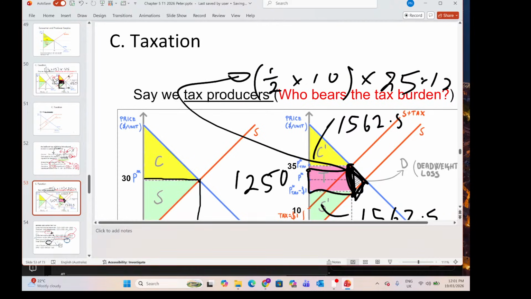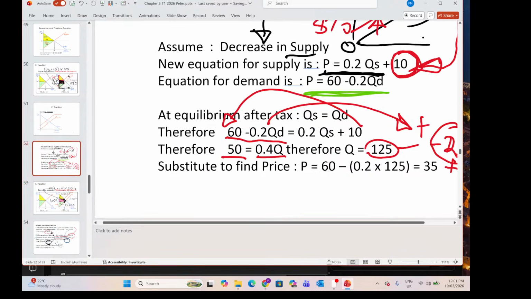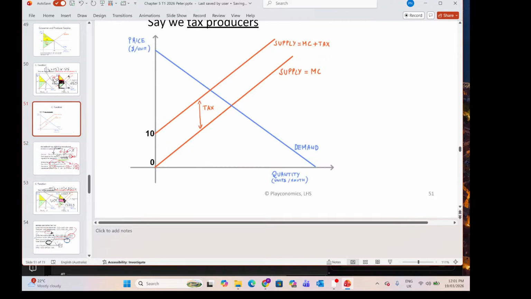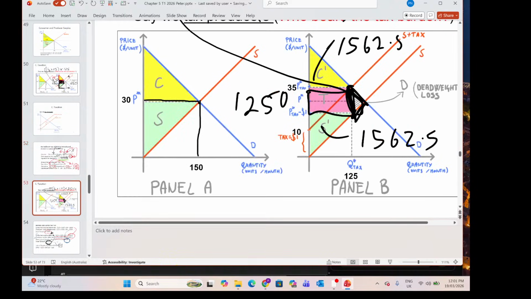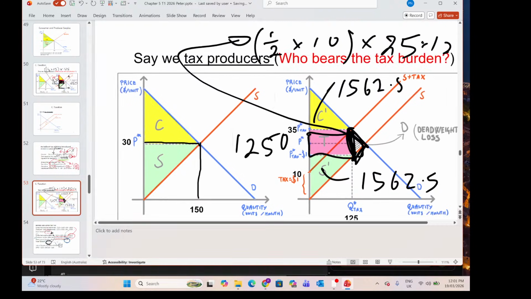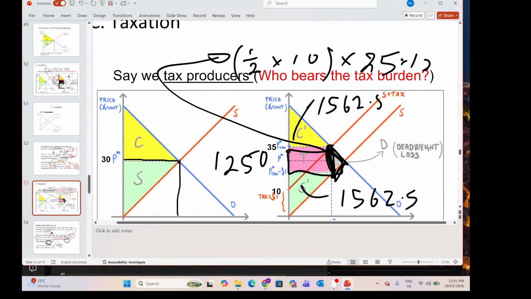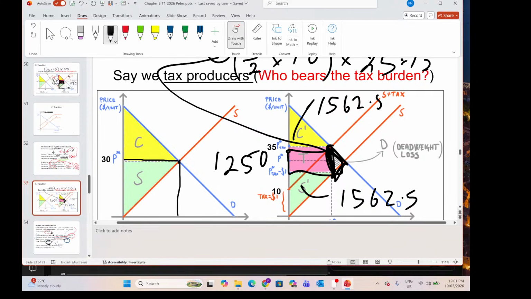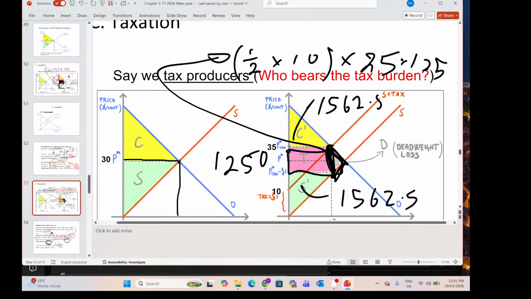That's where the 125 is. So we can identify our dead weight loss.